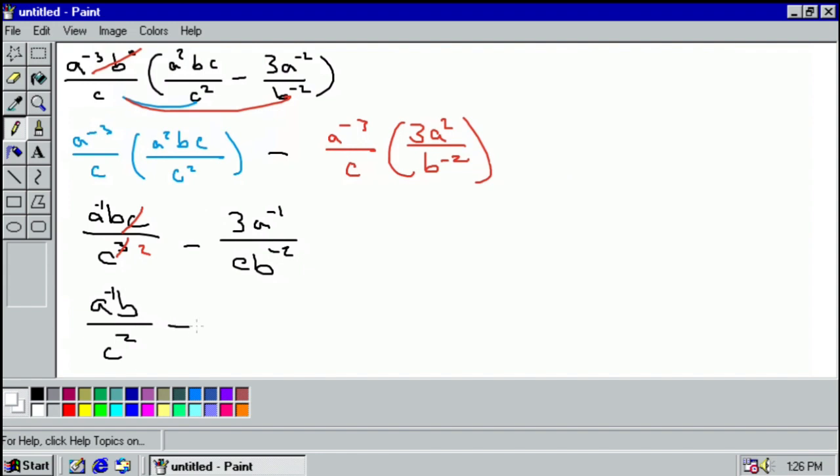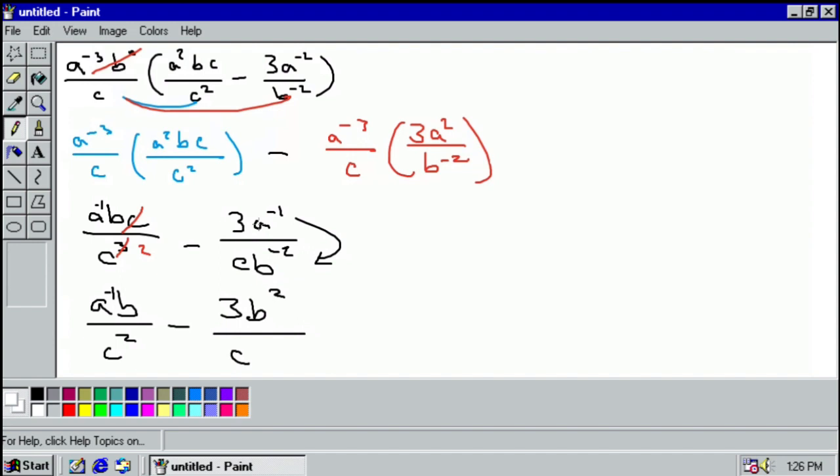Then we have this part. You can put this on the bottom part and put this on the top part. So we have 3. We're going to put this on the top part, and the exponent will become positive. Then we have c on the bottom part.